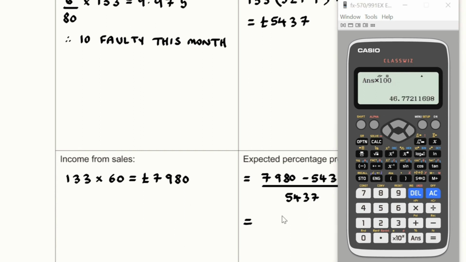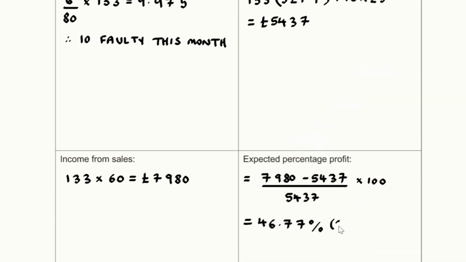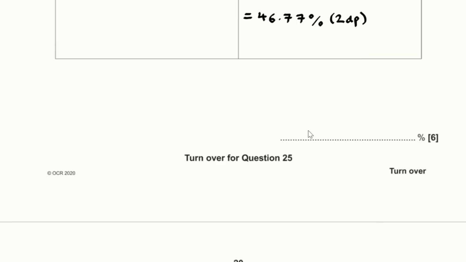We are expecting a percentage profit of 46.77%, and that is to two decimal places. So we have 46.77 given to two decimal places as our percentage profit.